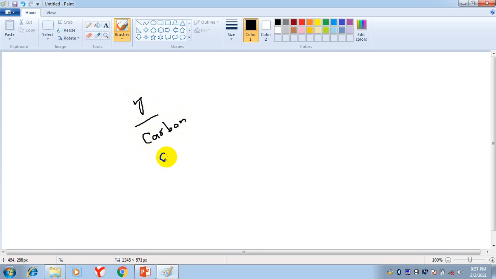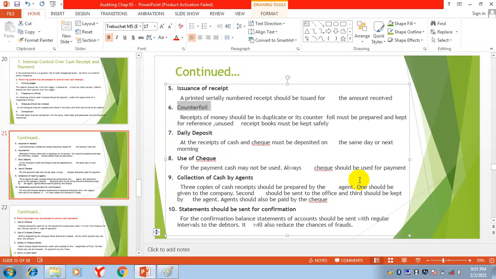This is basically called the counterfoil. This counterfoil is evidence that money is received. So the counterfoil is a must. It must be prepared and kept for reference.